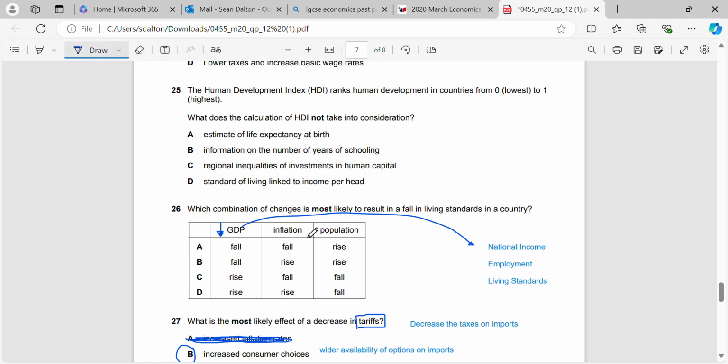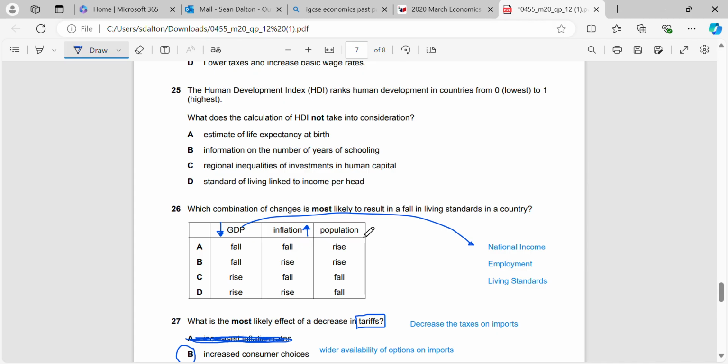Whereas inflation, we might expect that to go up. Why would we expect inflation to go up for living standards to fall? That's because inflation is the price of goods and services. So living standards are more likely to go down if everything is getting more expensive in a country.